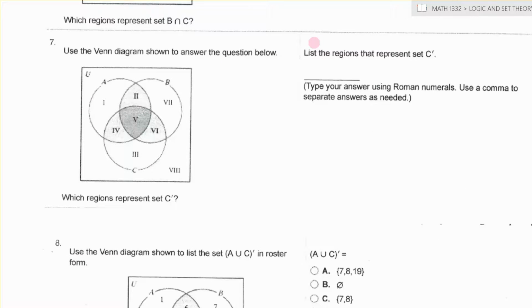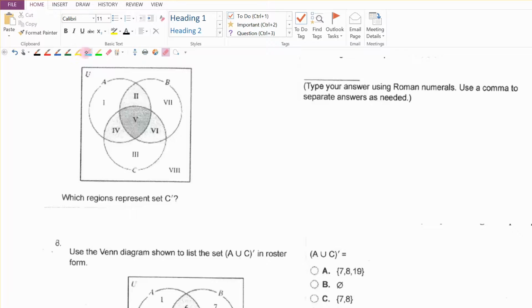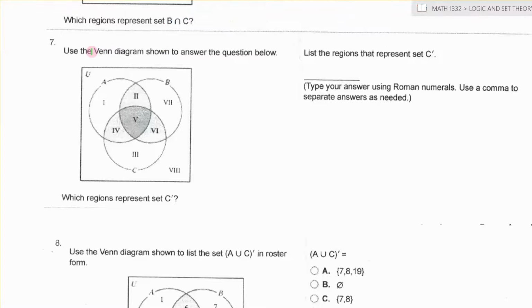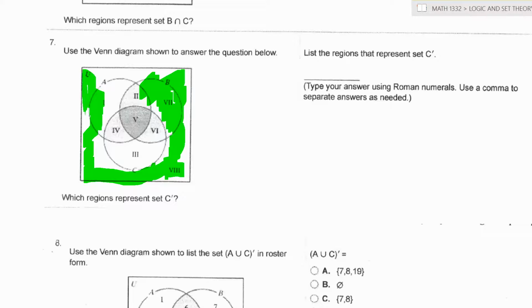Okay. Number 7, which regions represent the complement of C? That means everything except C. So definitely all of this, and up here.